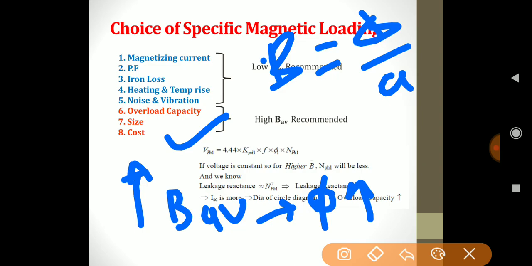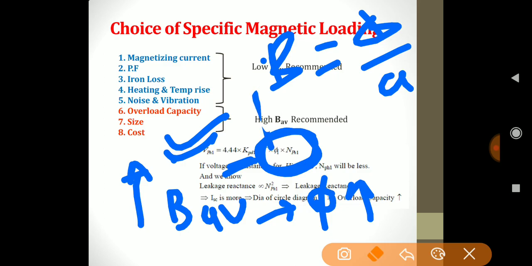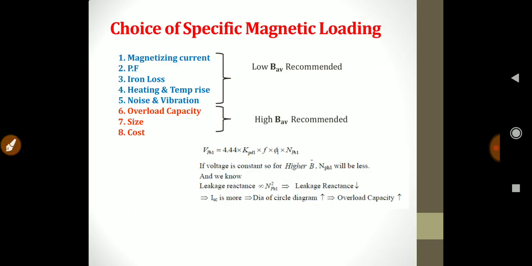Hence, in this equation, if VPH is constant and all the other terms are constant, and I increase phi, it means I am decreasing the value of N, that is the number of turns. So number of turns is dependent on the flux density. If you want a higher value of flux, the number of turns should be less for constant voltage.